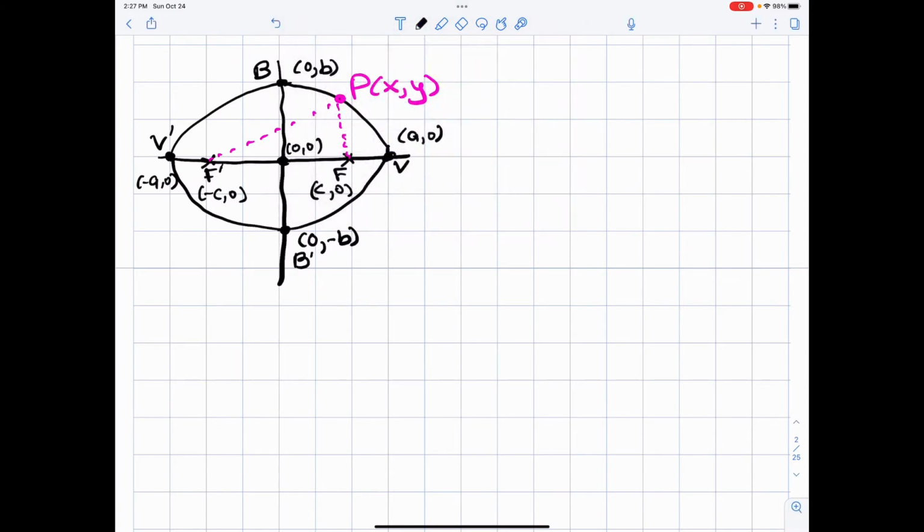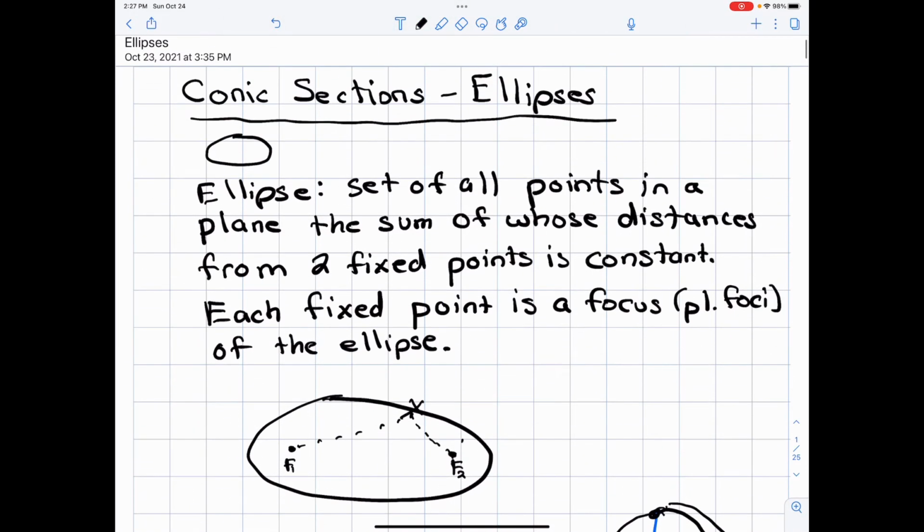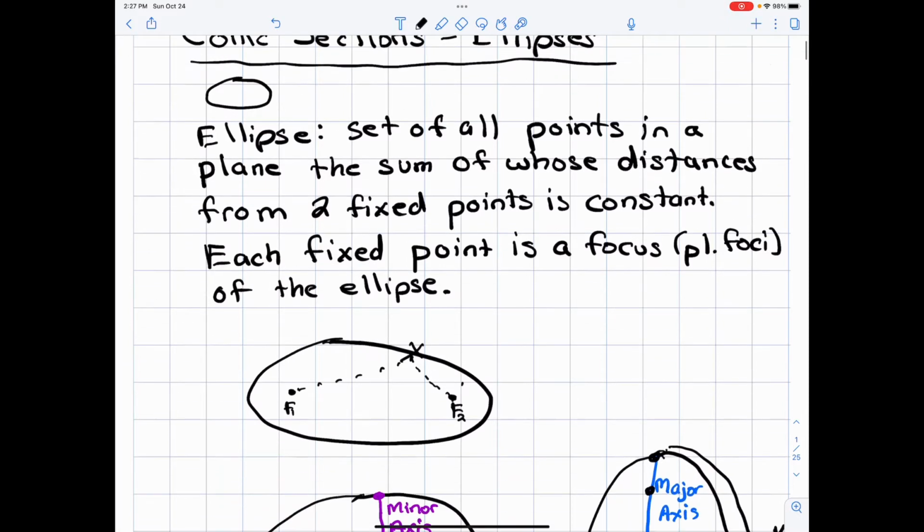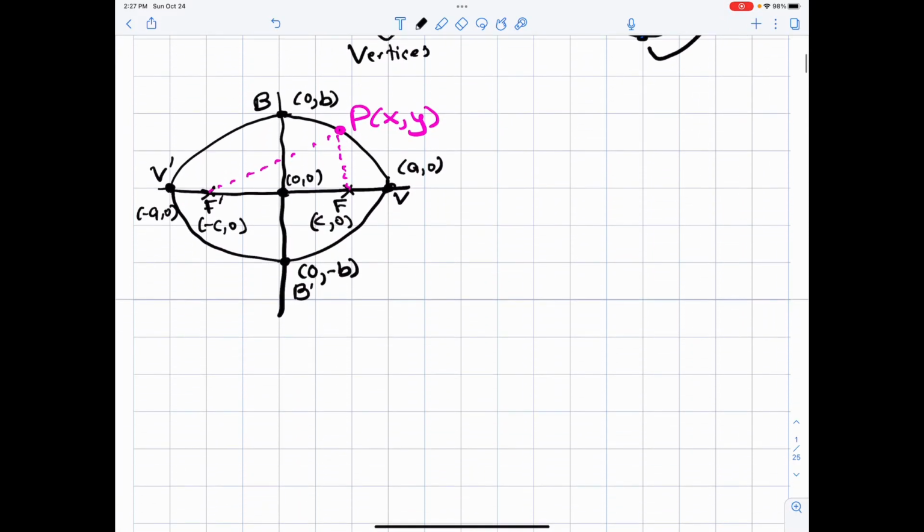Now remember, according to the definition back here, for a point on the ellipse, the sum of the distances from that point to the two foci has to be a constant. So we're going to use that fact and write up a little observation here.